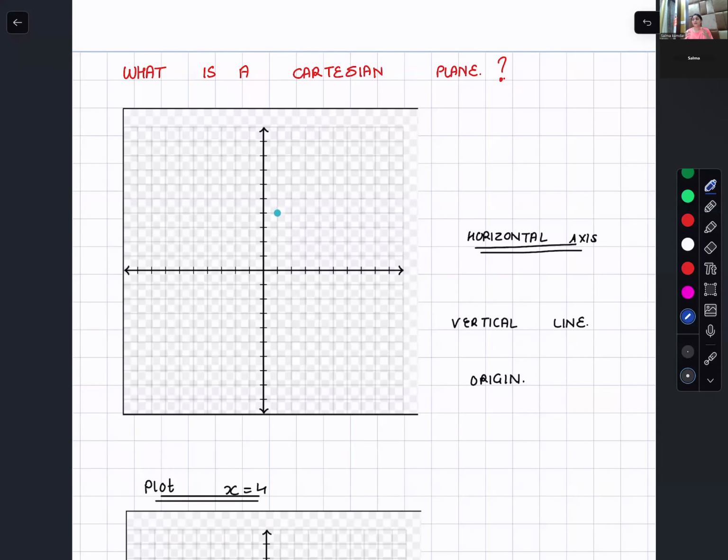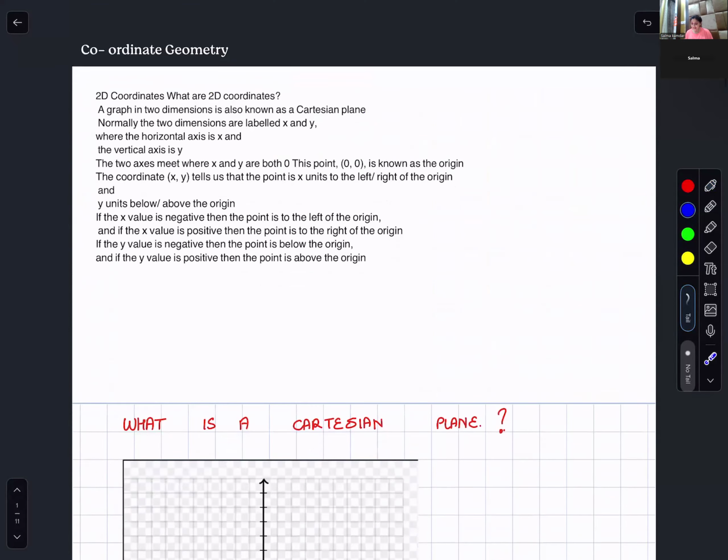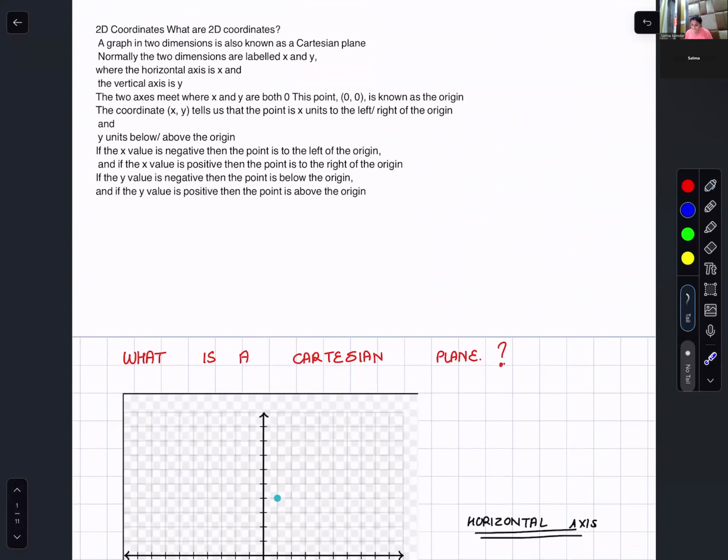So we are doing straight line, the equation of a straight line and coordinate geometry. Before I go to coordinate geometry, it is very important for us to understand what is a Cartesian plane. This plane is called the Cartesian plane.